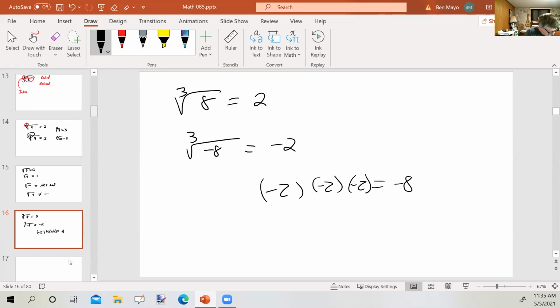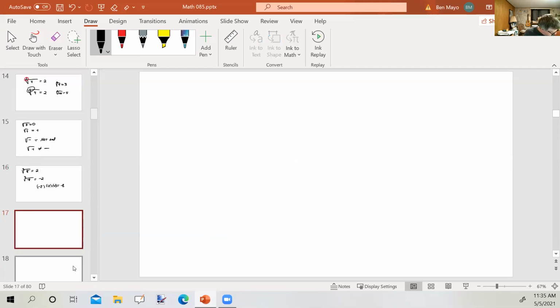Okay, now let's see here. Let's take a look at some examples. It says evaluate each square root without using a calculator. So the square root of 100, we're looking for a number where that number squared or that number times itself is 100.